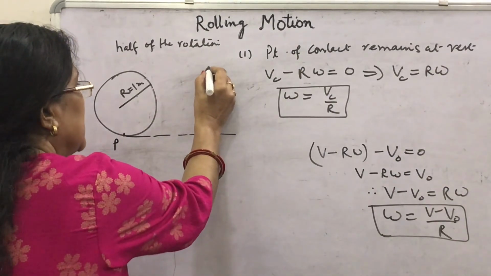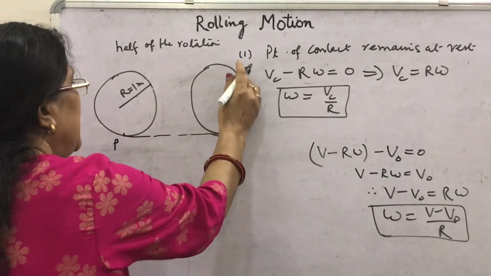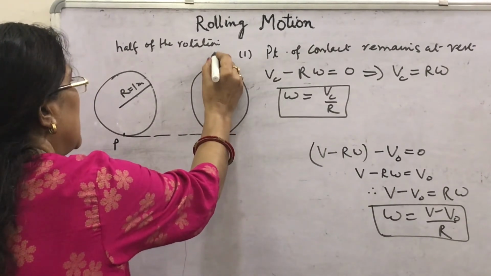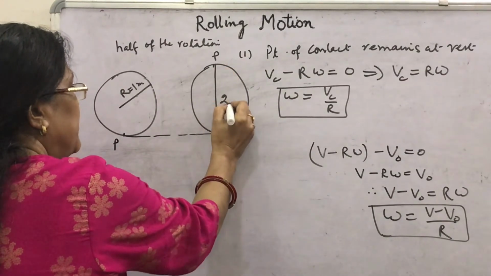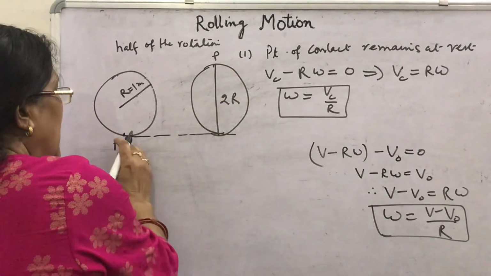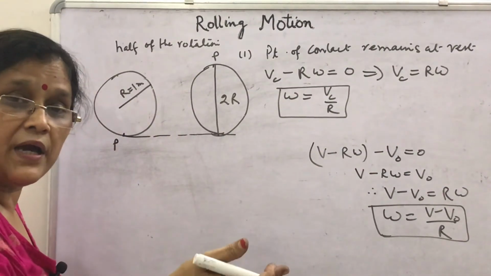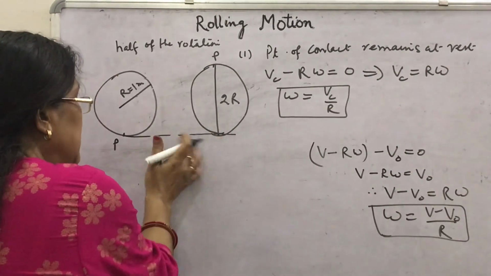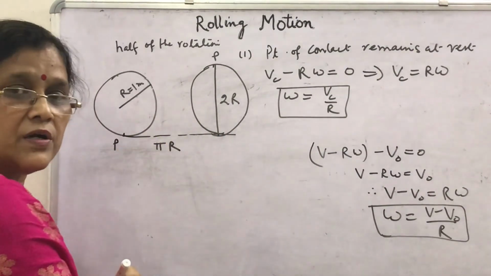So suppose in this situation, after the rotation, the point P will come here. What is the vertical displacement of the point P? 2r. And how much distance will it cover? In one complete rotation 2 pi r. Then in half rotation this will be pi r. Will it be or not?